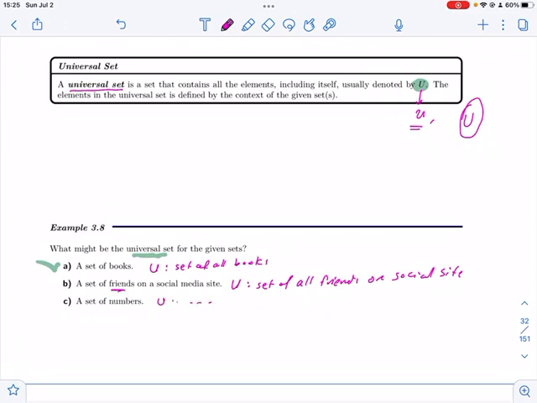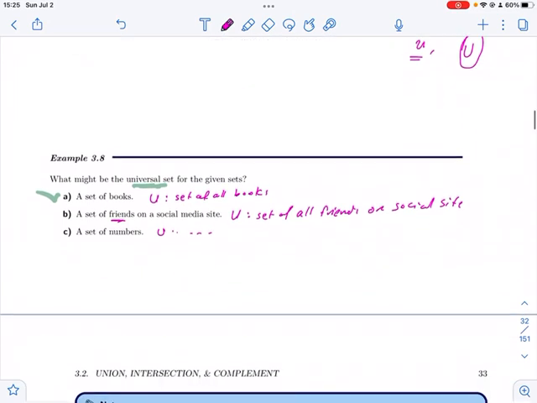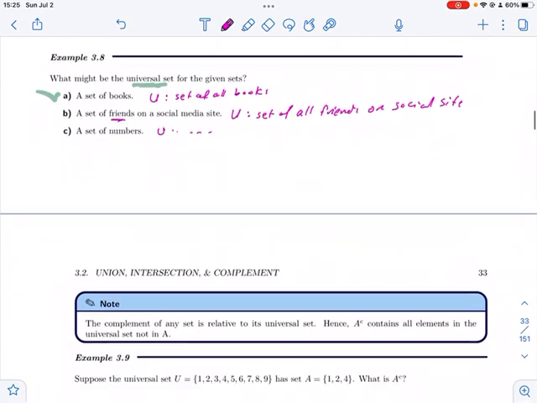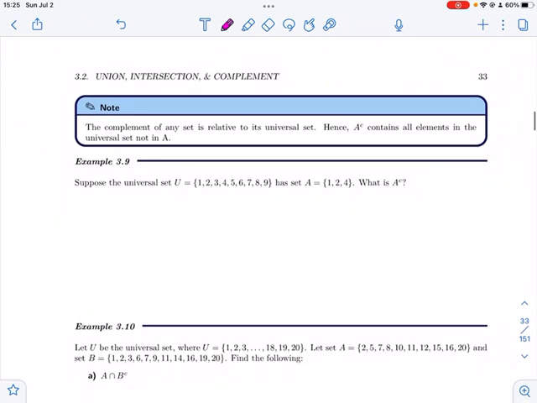Now, for example, we may be given this universal set U, and we have set A. What is A complement? A complement means all elements that do not belong to A but belong to the universal set. So A has 1, 2 and 4 from the universal set.